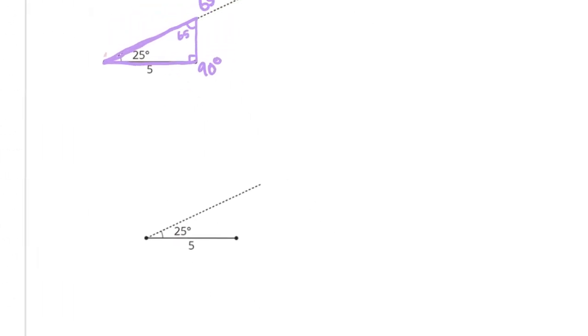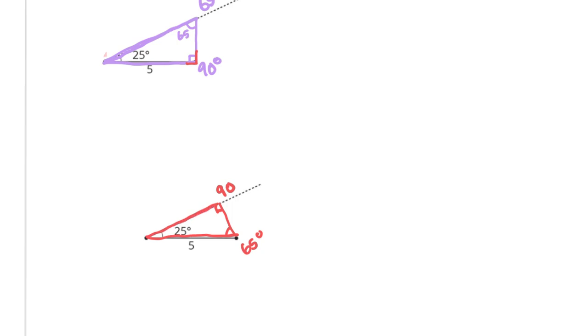The other triangle that can be made is if instead of making this angle 90, I make this angle 90 degrees. And that would make this angle 65 degrees and this 90, and that's just a little bit different triangle.